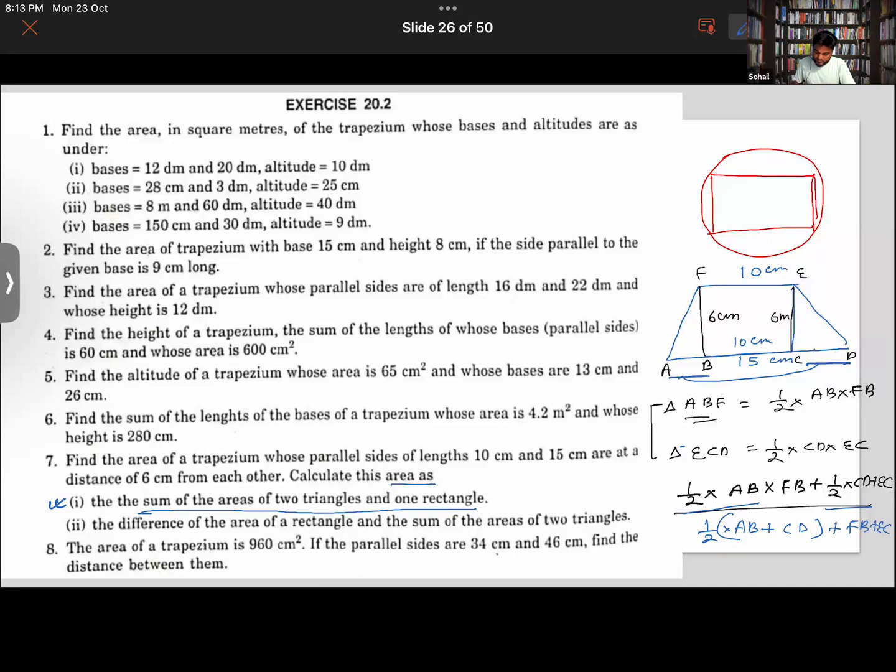In fact, you can take FB plus EC also as common, because both of them measure 6 centimeter here. So it's going to be half into 5 into 6, half into base into height actually. So 3 times 5, that is going to be 15.